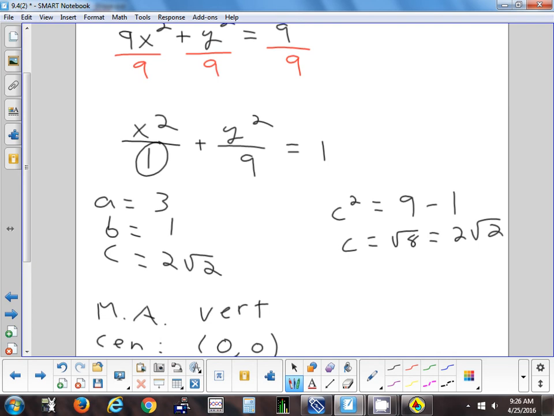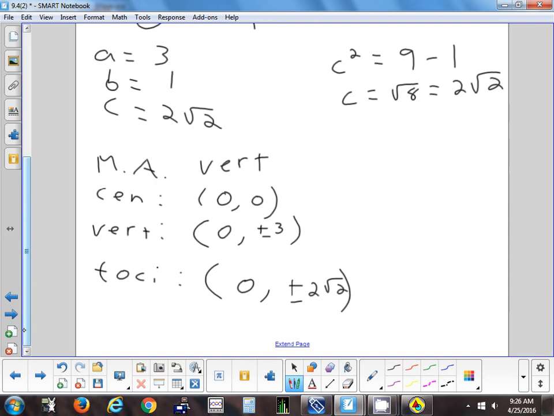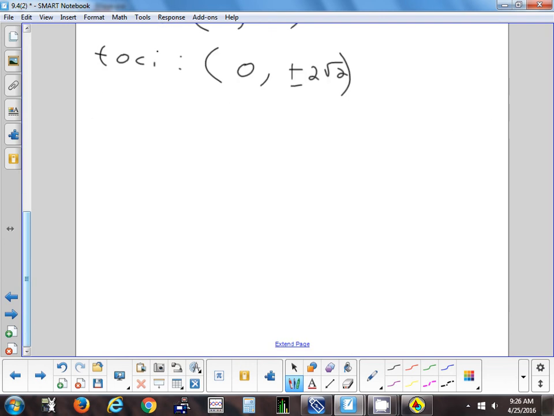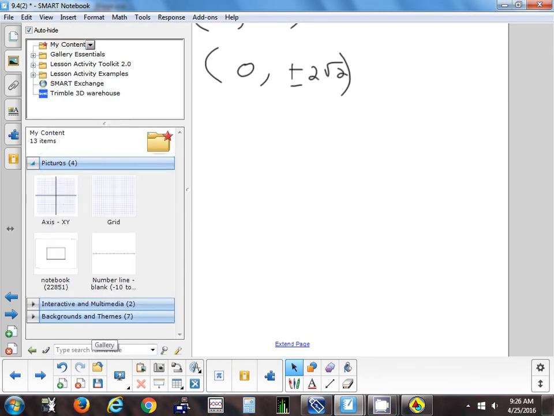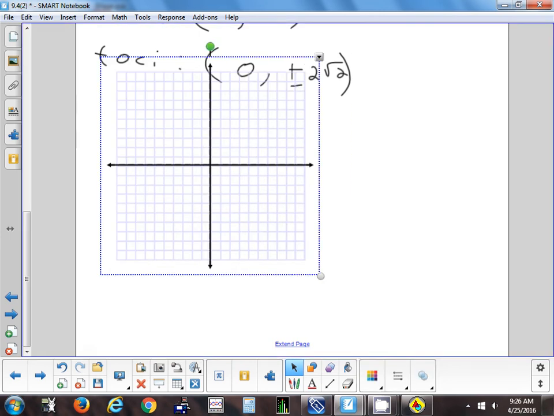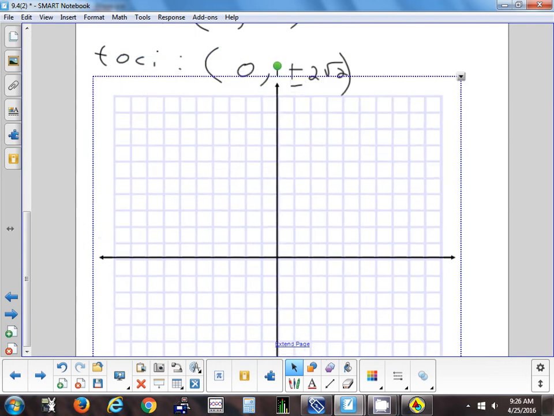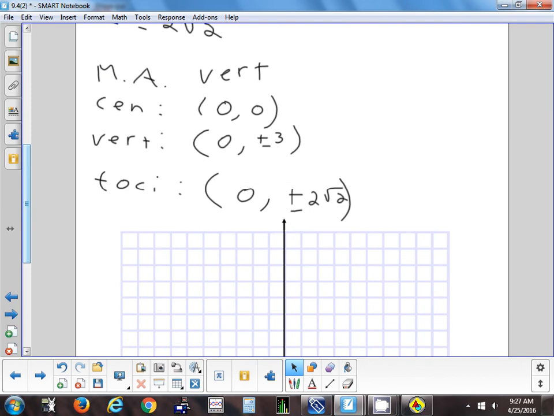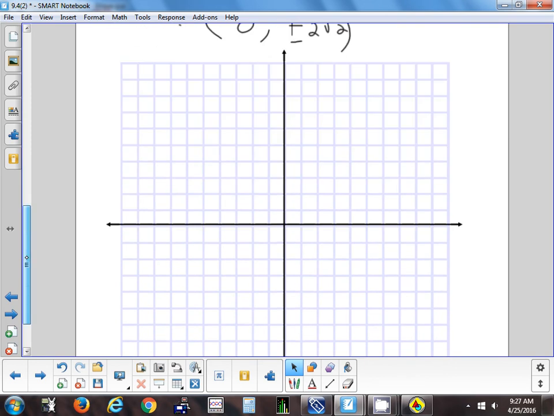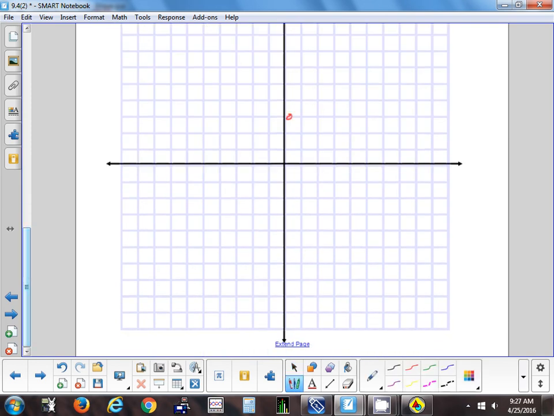Okay, and let me sketch this one since we haven't done a sketch. I'll just do one quick sketch, since an ellipse is pretty easy to sketch. Okay, so my vertices, up 3, down 3 from the origin. Up 3, down 3, that's the length of my ellipse.